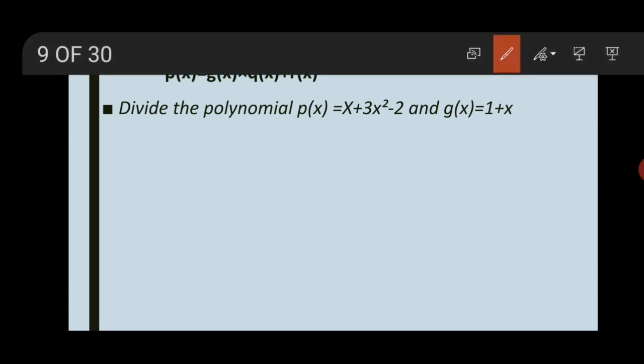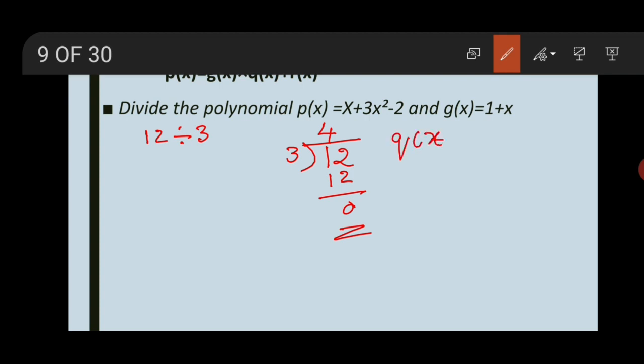Okay. I will give one simple problem. 12 divided by 3. Now can you divide? Yes, all of you. You can divide this. 12 divided by 3 is equal to 4, since 3 4s are 12. The remainder is 0. So, we will get quotient q of x in this case is equal to 4 and remainder r of x is equal to 0. Right?